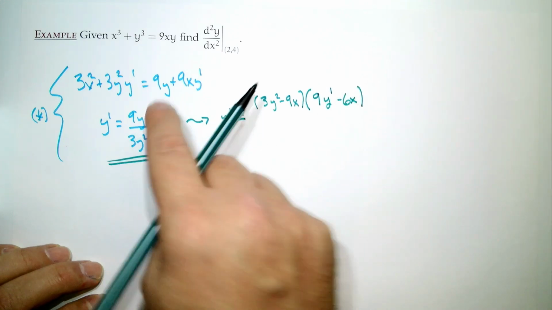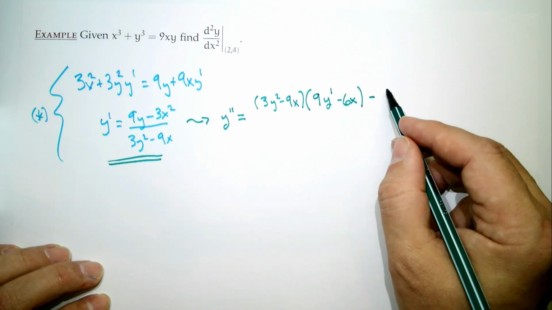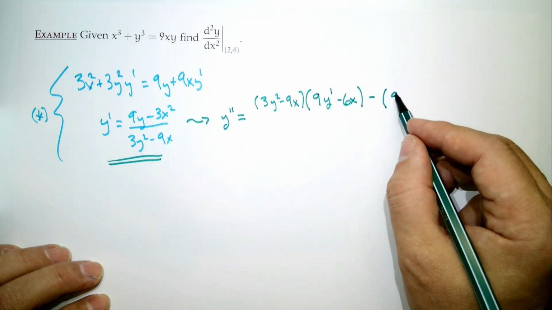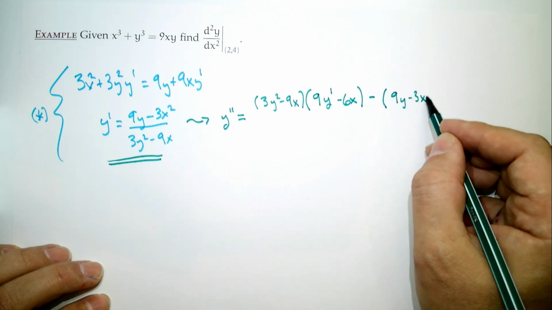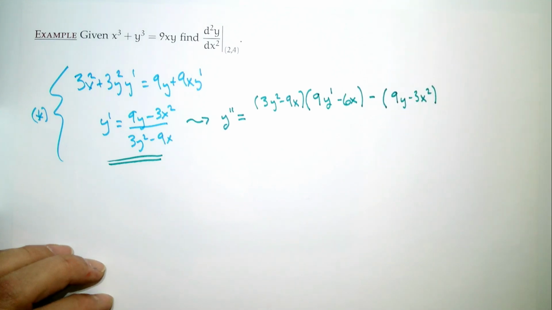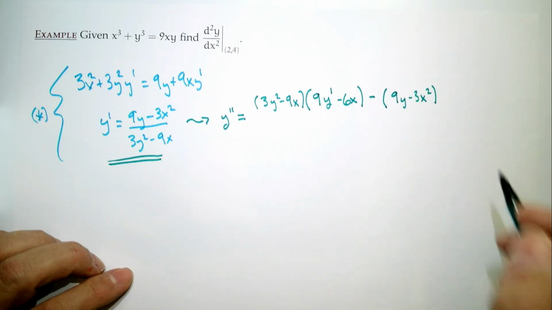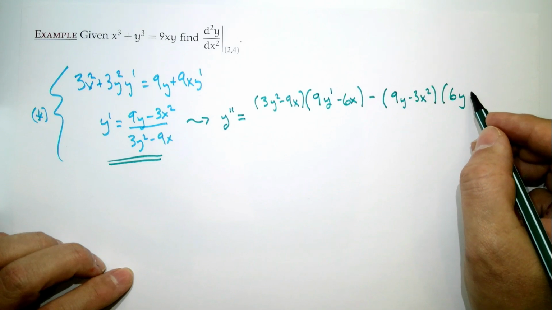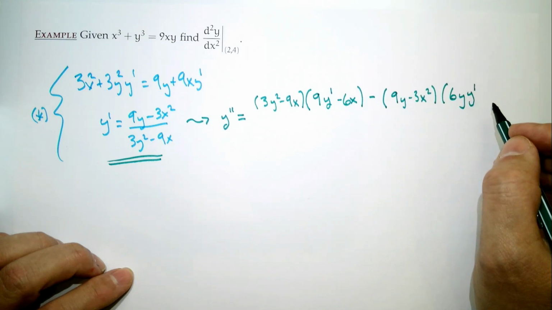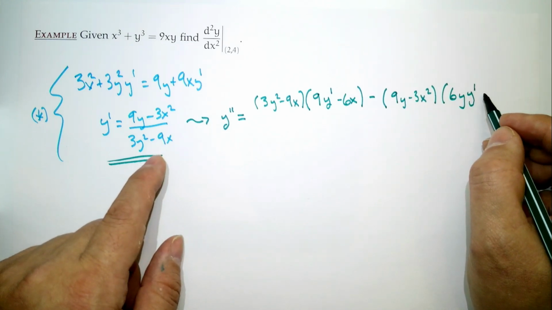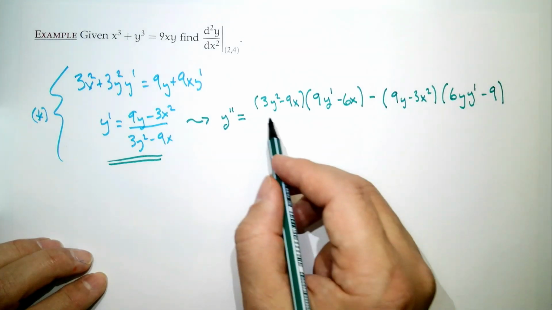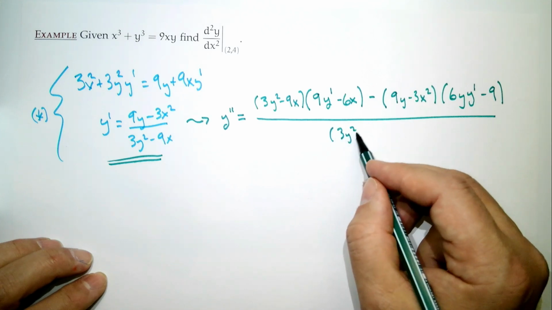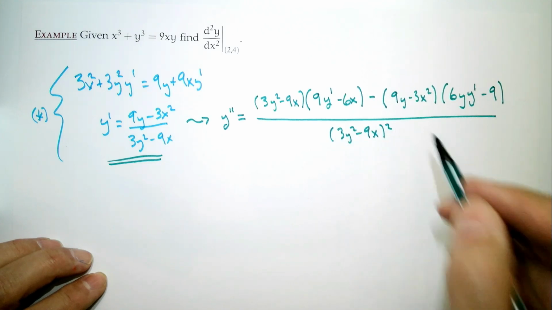The bottom times the derivative of the top, minus the top, 9y minus 3x squared, times the derivative of the bottom. What's the derivative of the bottom? 6y times dy/dx, y prime, minus 9. All that divided by the bottom term squared.